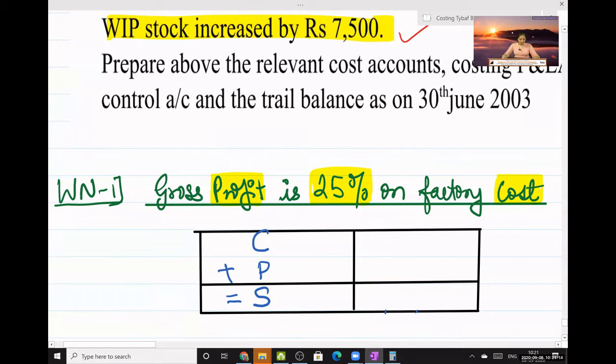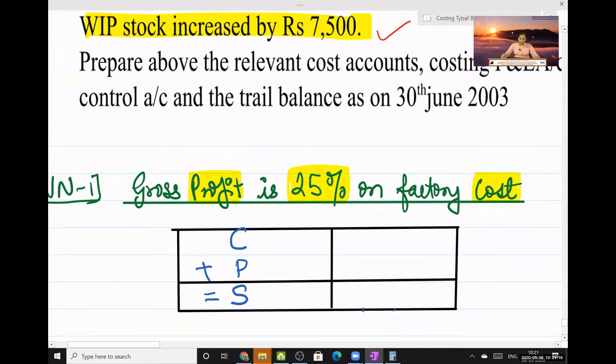Working note number 1, gross profit is 25% on factory cost. So see, I've highlighted this. Profit is 25% on cost. You're going to read it like this. Okay? Profit is 25% on cost. I hope you remember this. We have been doing this in operating cost sheet also. Profit on cost, profit on sales.